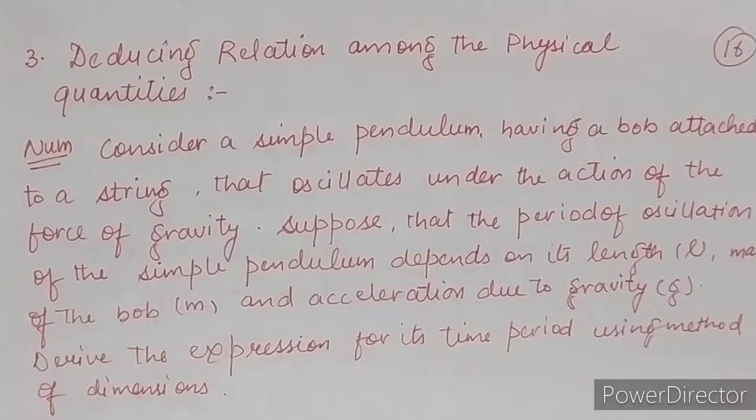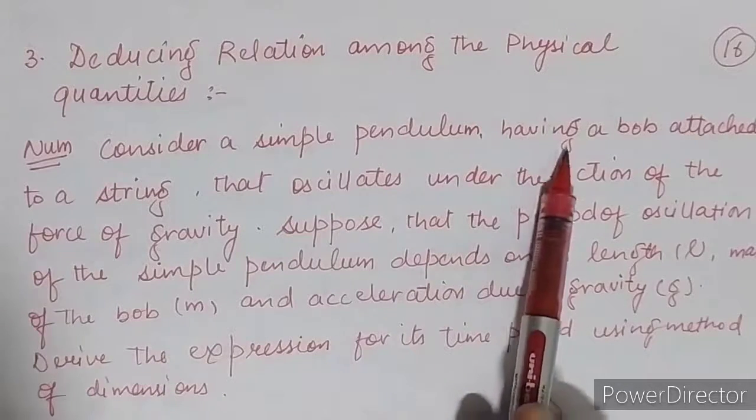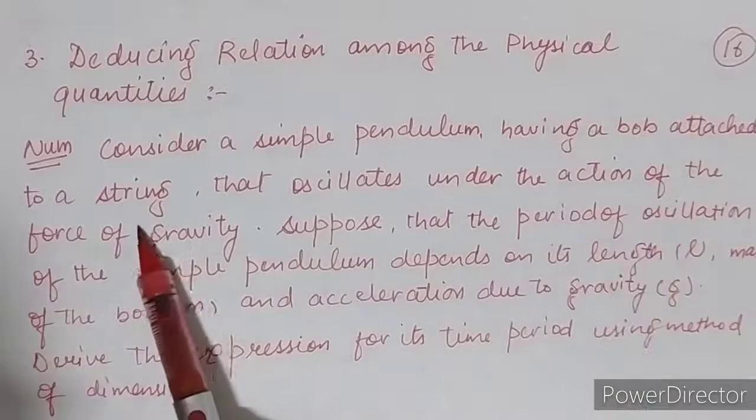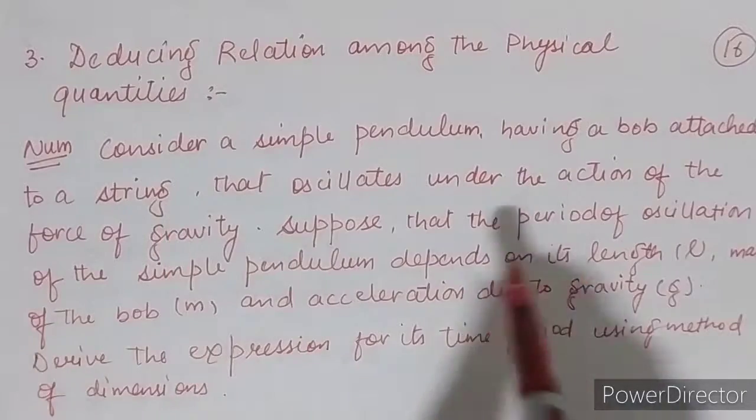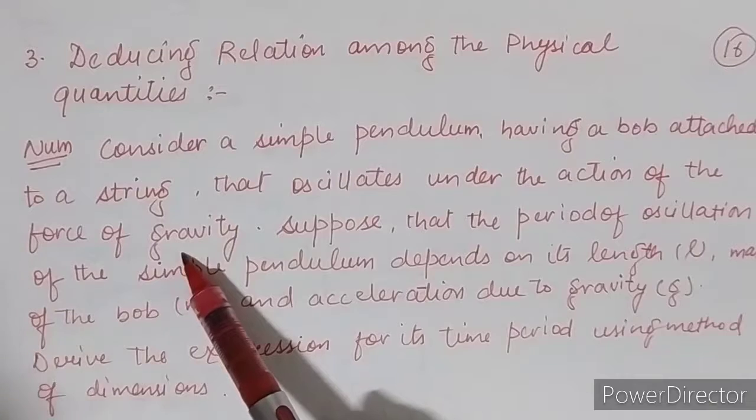Clear? Okay, so in this I am going to explain that we have to consider a simple pendulum which has a bob attached with a string, and it oscillates in to and fro motion under the action of the force of gravity.